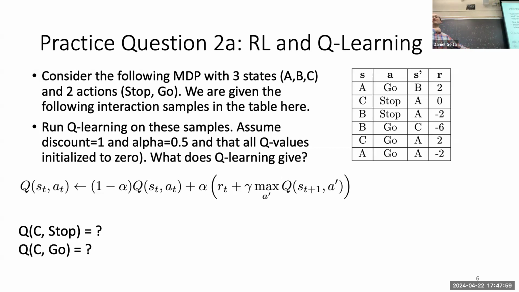So we have 0 instantaneous reward, but plus 1 times the max over all possible actions at A. We know the max is 1 because we just computed a 1 here. So this thing is 1, and then you get 1/2 times 1, which is 1/2.